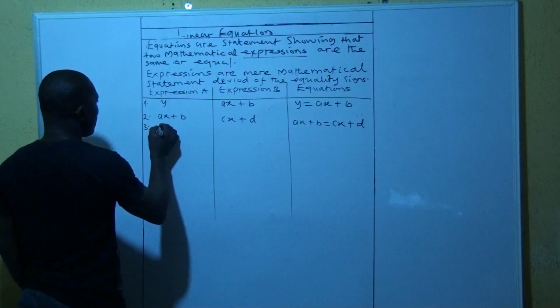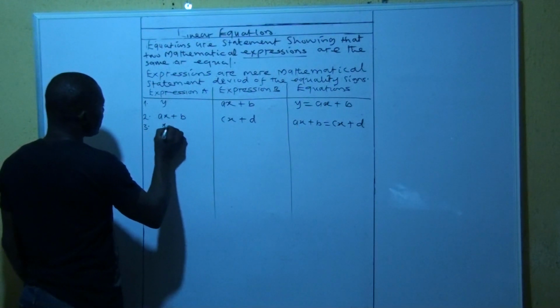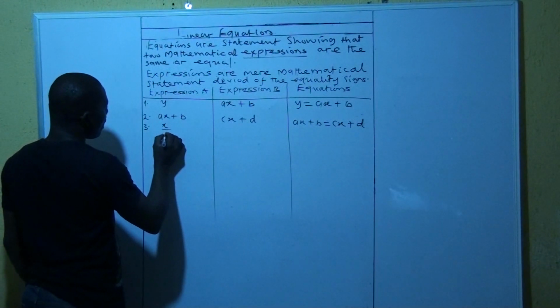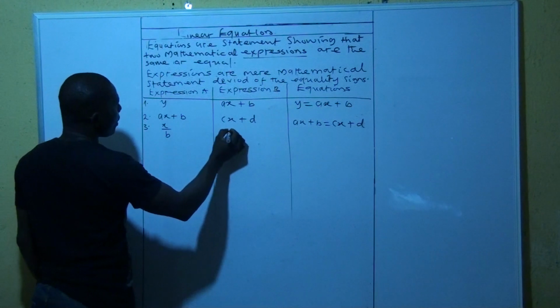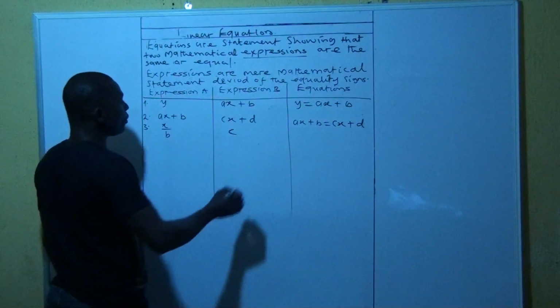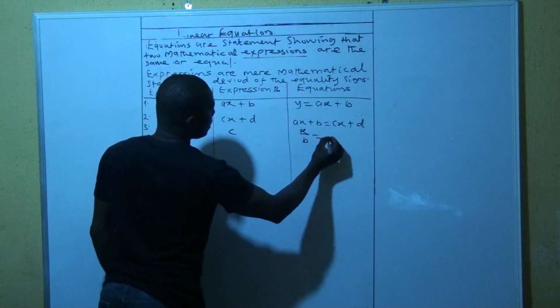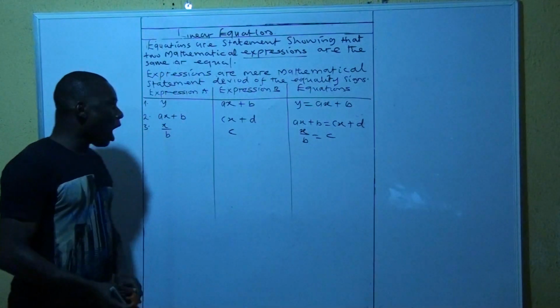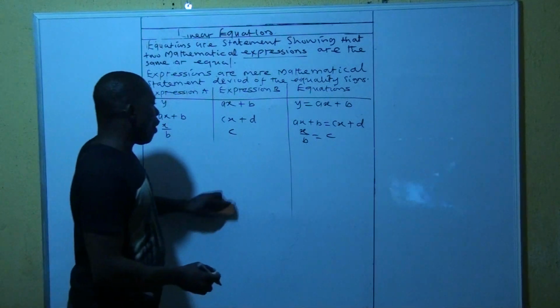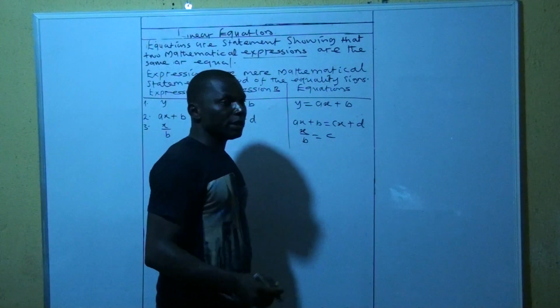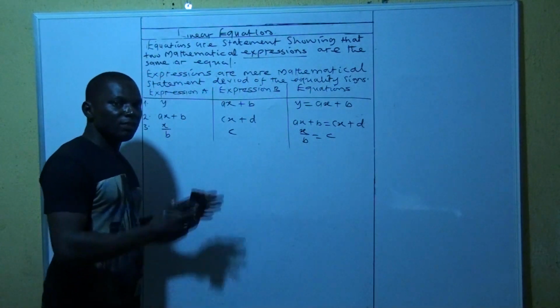So example 3, we have x over b, and here we have, let's say, c. For us to form an equation from this, we say x over b is equal to c. This is how equations are formed from expressions. So let's take note of this. It's very key.